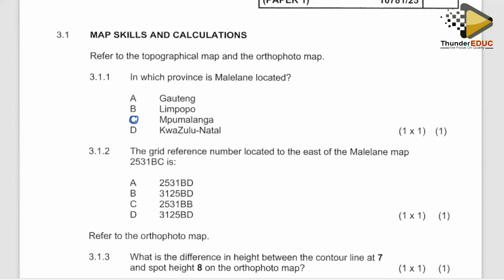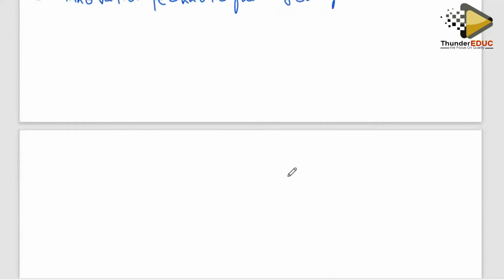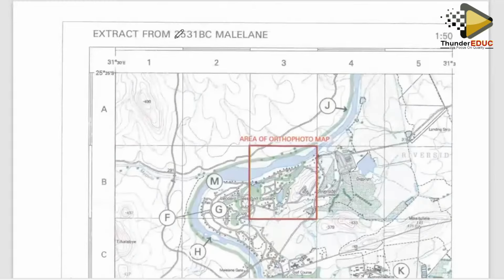I'll quickly illustrate this for the sake of those who are not very aware of the grid referencing system. It's 2531 BC. Let me write it so that I can use it, 2531 BC. I'll just quickly explain what these letters represent.